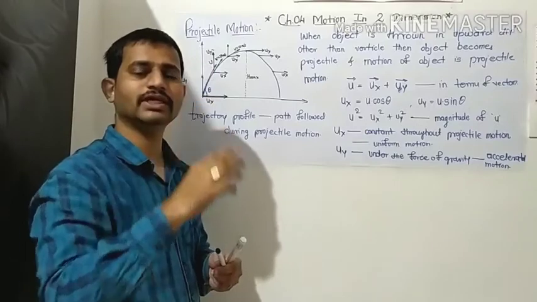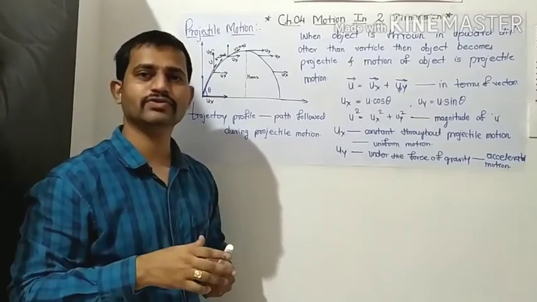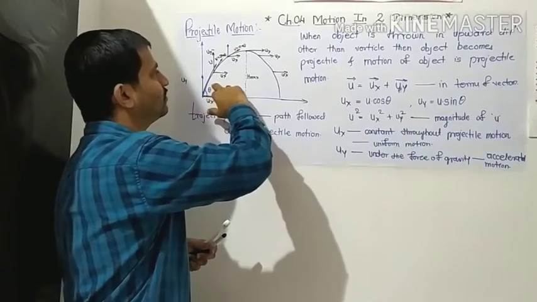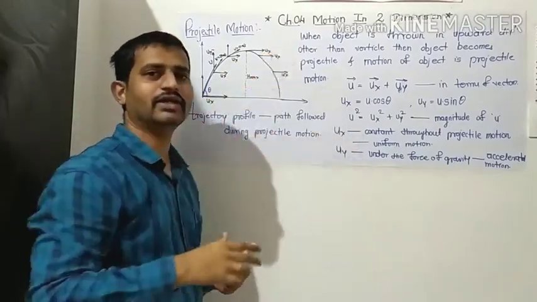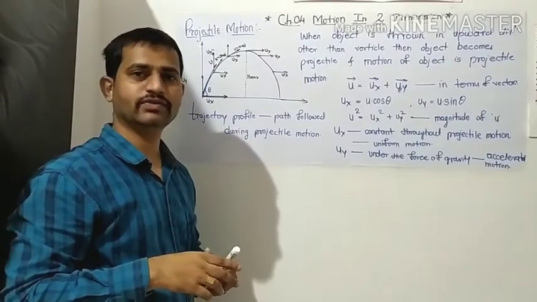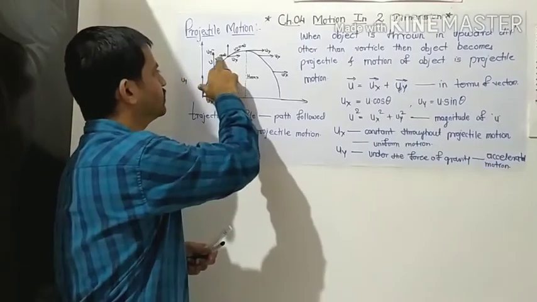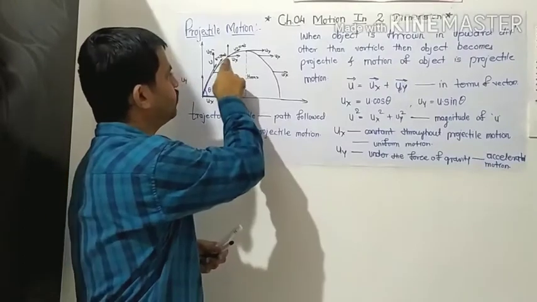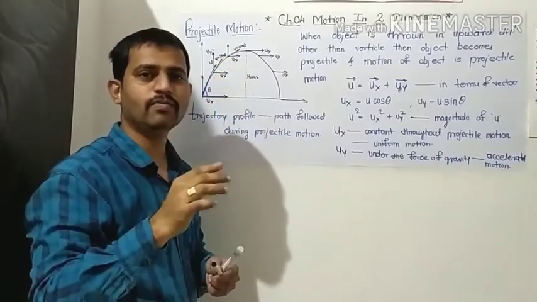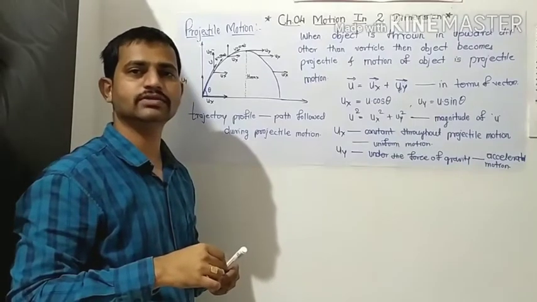When we throw the object, it is thrown with the maximum velocity, so it has the maximum velocity at the initial point, and as it travels in the vertical direction, its velocity goes on decreasing. At this point it is 20 meters per second, at this point it is 10 meters per second. Then at the topmost point the velocity becomes 0.